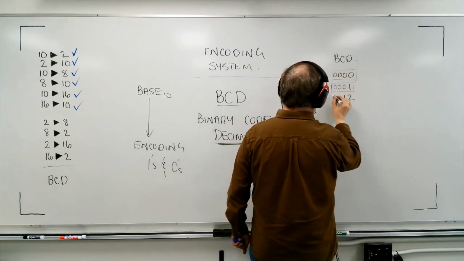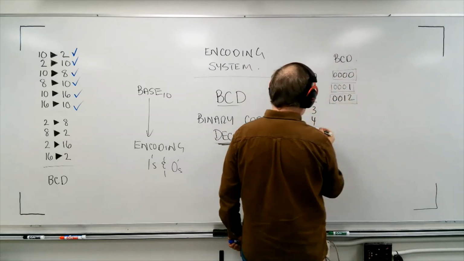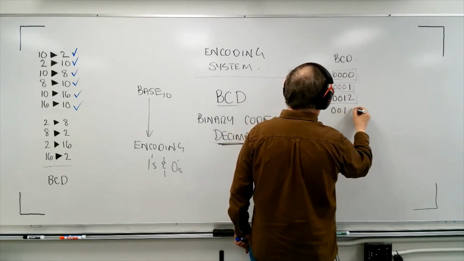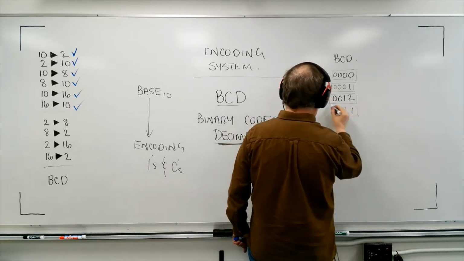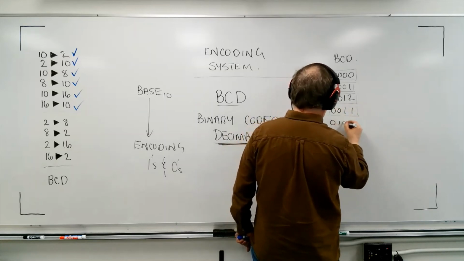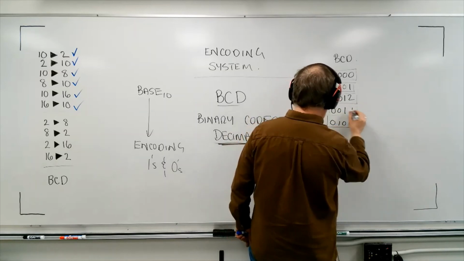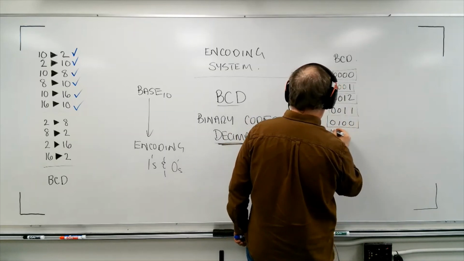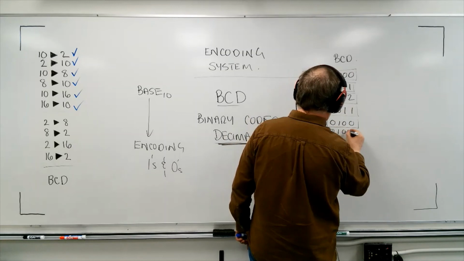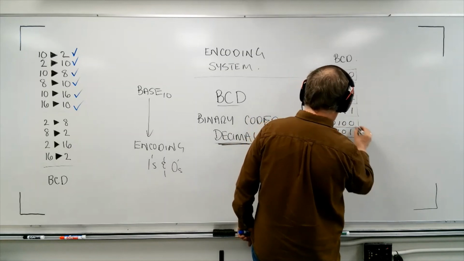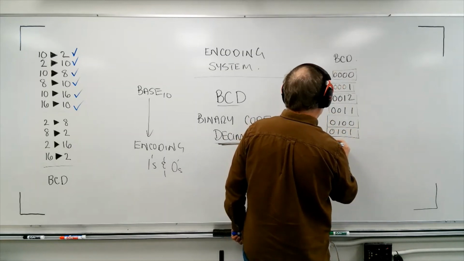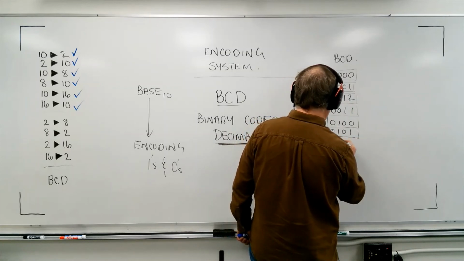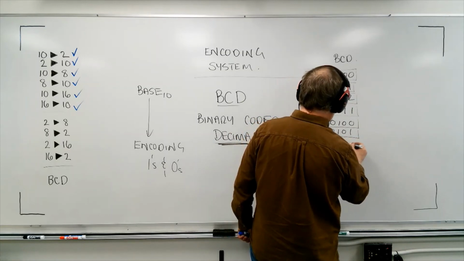So let me give you an example. I'm going to continue through. This is going to be 0, 0, 1, 1. This is going to be 0, 1, 0, 0. This is going to be 0, 1, 0, 1. That's 5. Now we're up to 0, 1, 1, 0.